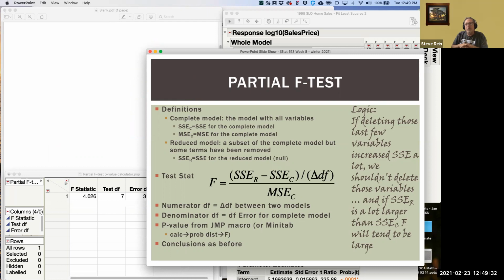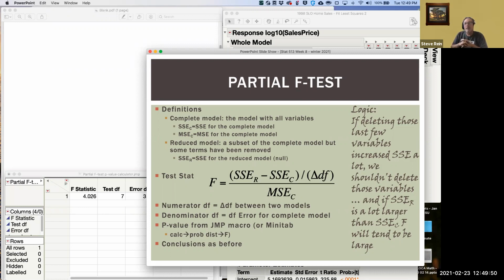But the reason we often like to do one of these partial F tests is the following. Toss in a whole bunch of things that you think probably none of them matter. But if at least one of them does, it will pan out.